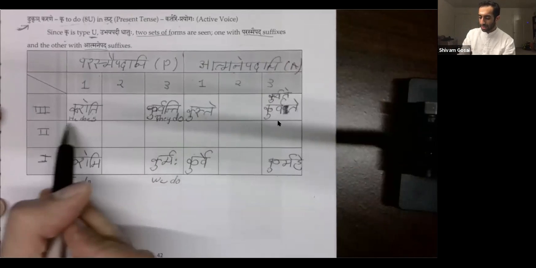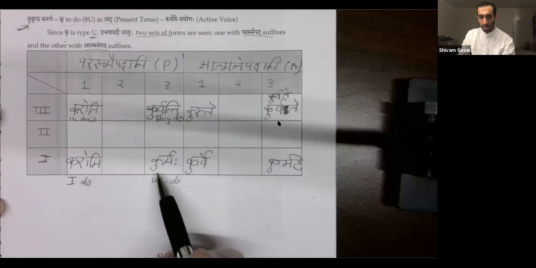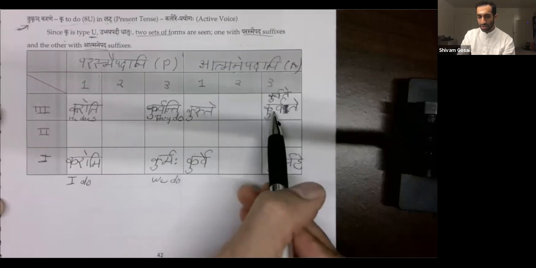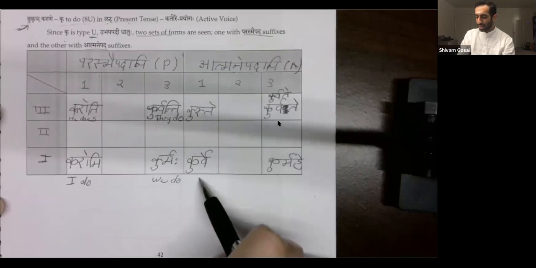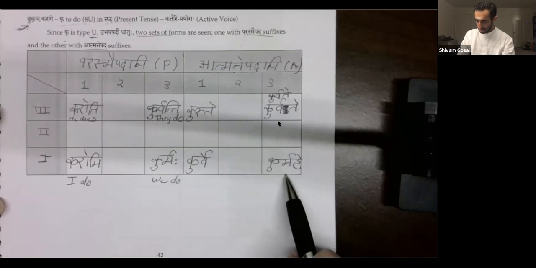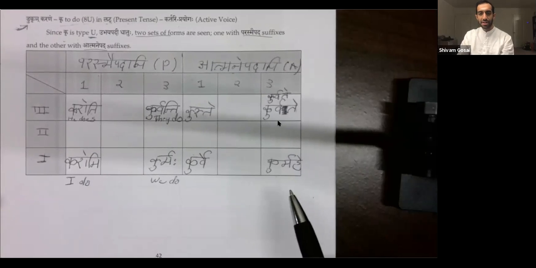Okay, so let's start from the beginning. Karoti, kurvanti, karomi, kurmaha, kurute, kurvate, kurve, kurmahe. Okay, you have to say this like you're a big Sanskrit pandita.